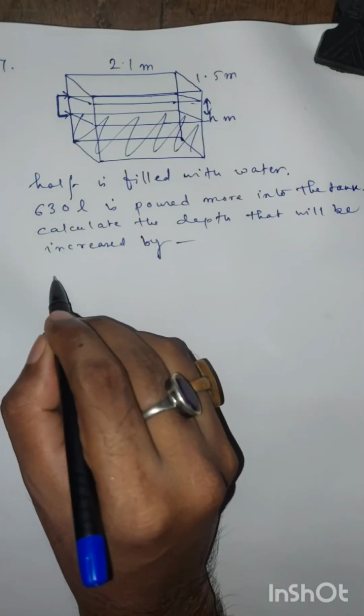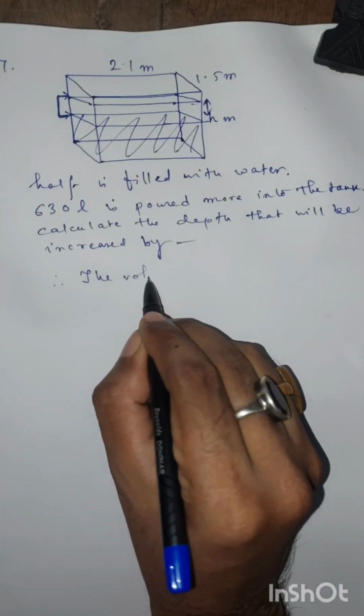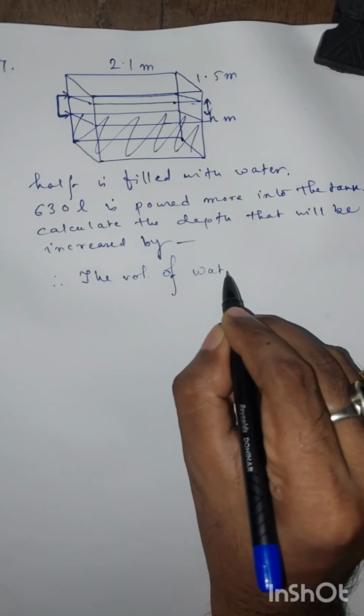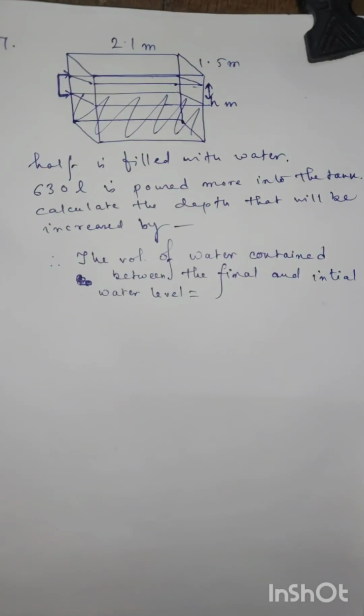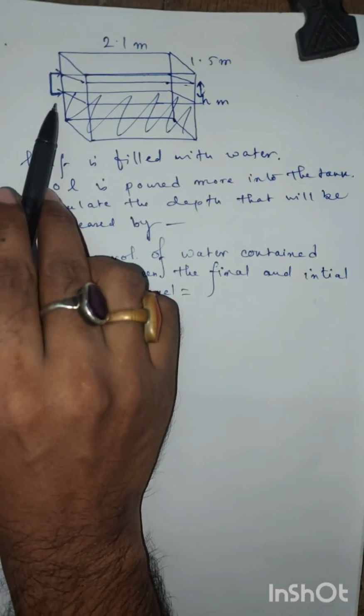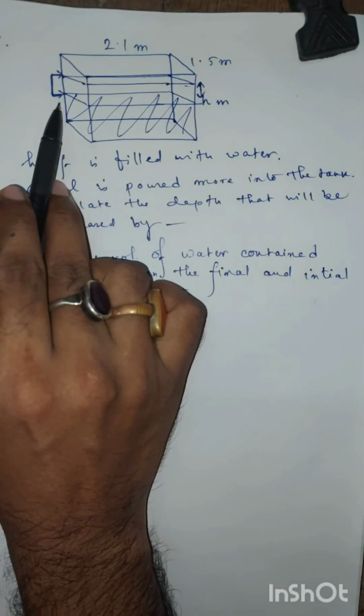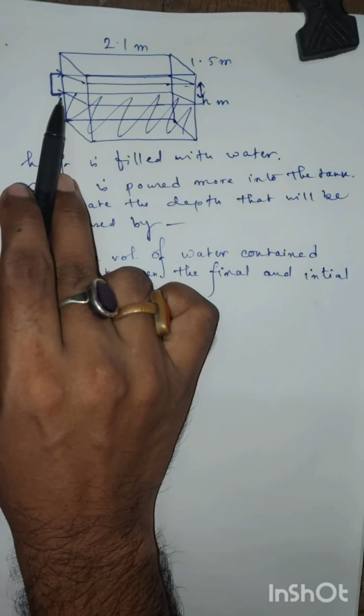Therefore the volume of water contained between the final and the initial water level. This is the final water level and this is our initial water level.